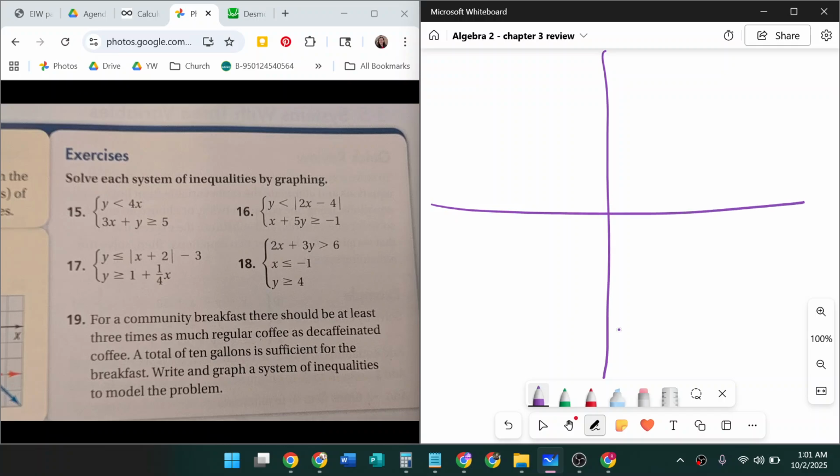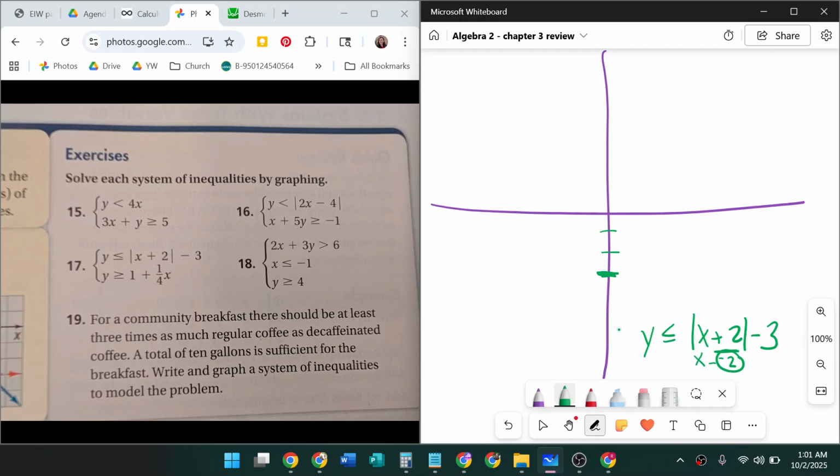All right, so for number 17, our first one is y is less than or equal to |x + 2| - 3. Now this one's easier, because that minus 3 tells us our vertex is going to fall on this line, because after you take the absolute value, we shift it down 3. And we could rewrite this as x minus -2.